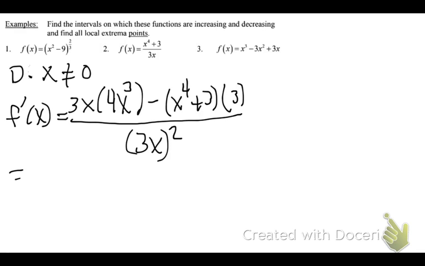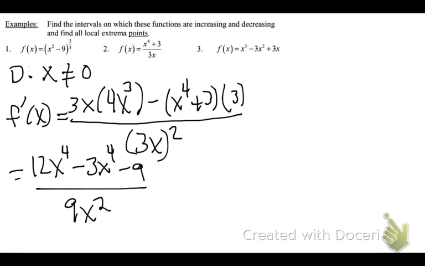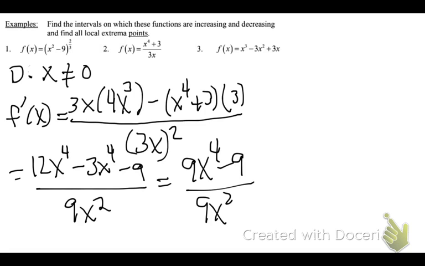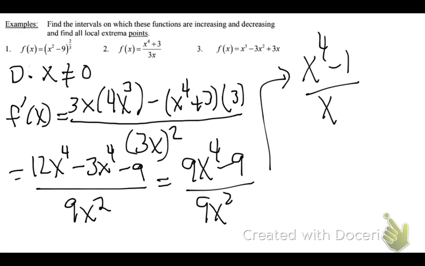If we simplify this, we'll get 12x to the 4th minus 3x to the 4th minus 9 all over 9x squared. So we can combine like terms and get 9x to the 4th minus 9 over 9x squared. We can divide all pieces by 9 and get x to the 4th minus 1 over x squared.